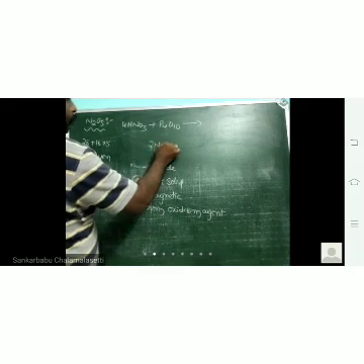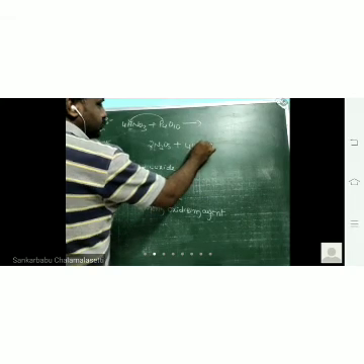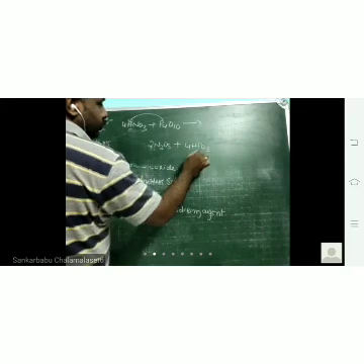Here hydrogens are replaced with phosphorus. 4 hydrogens are replaced with 4 phosphorus. Then we will get 4 HPO3.